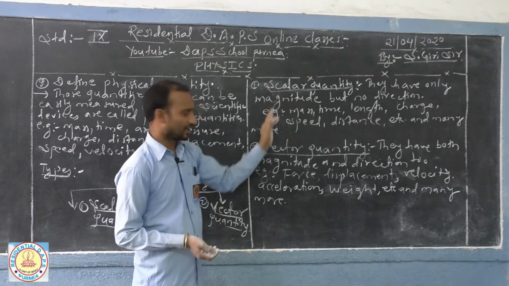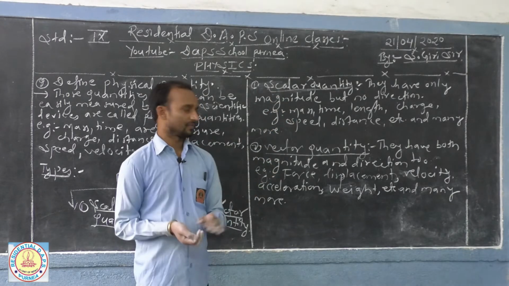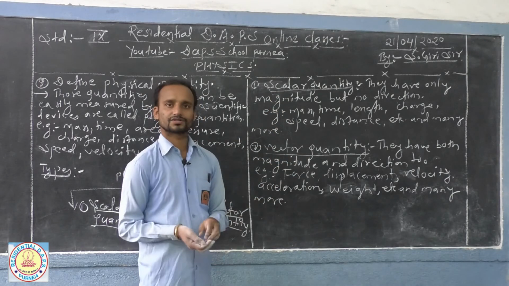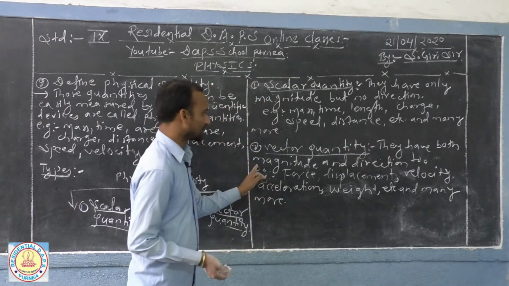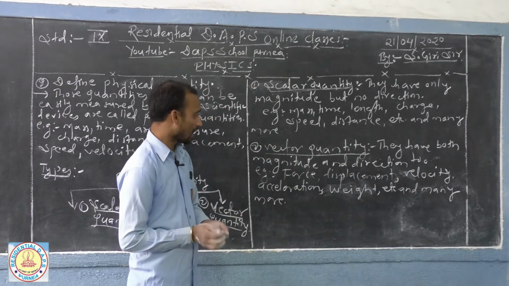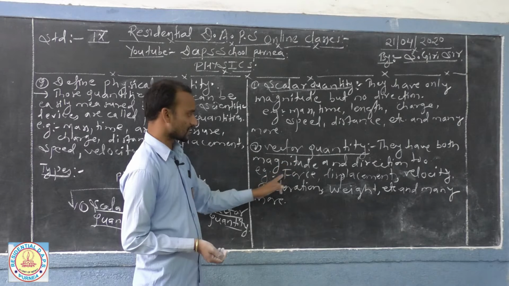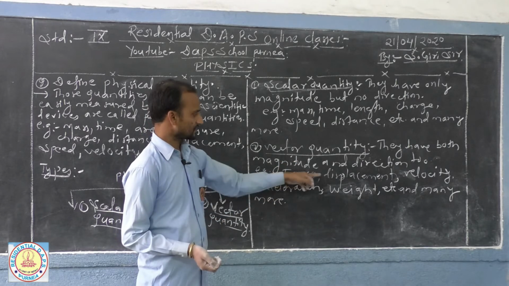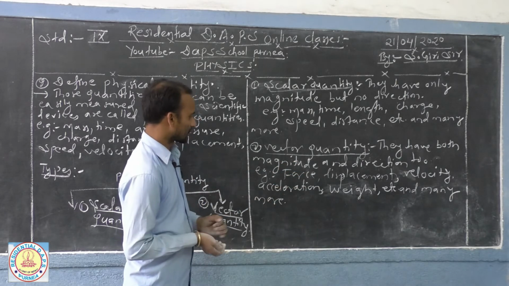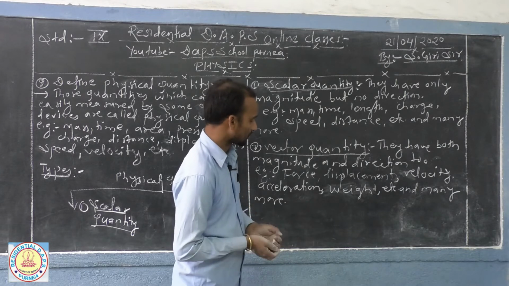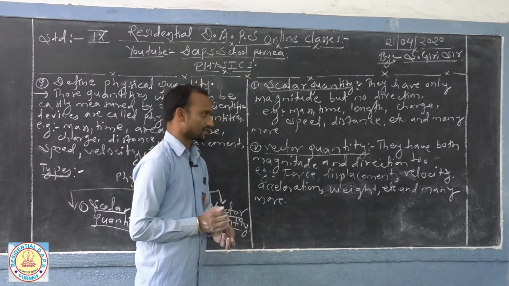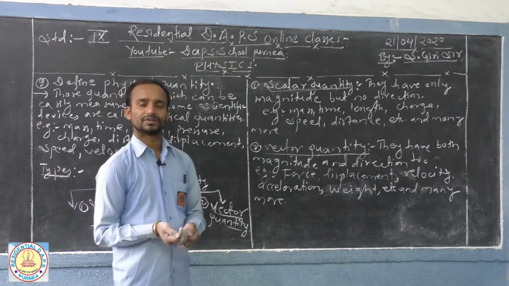And similarly, what do you mean by vector quantity? Those physical quantities which have both magnitude and direction are called vector quantities. Examples: force, displacement, velocity, acceleration, retardation, weight, and many more.